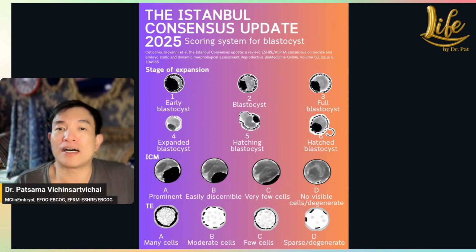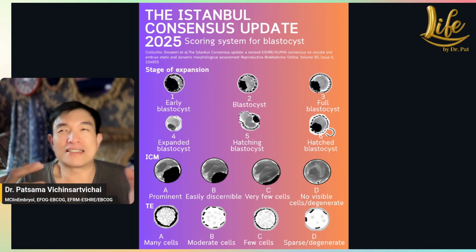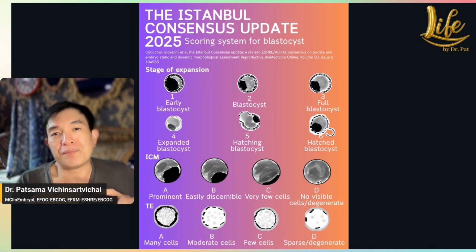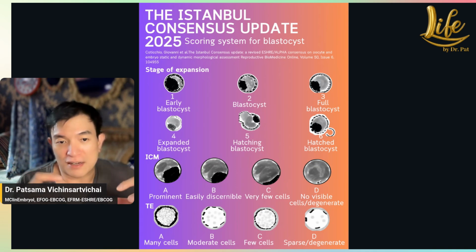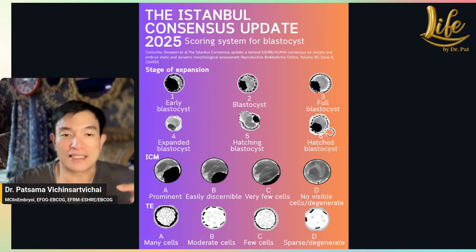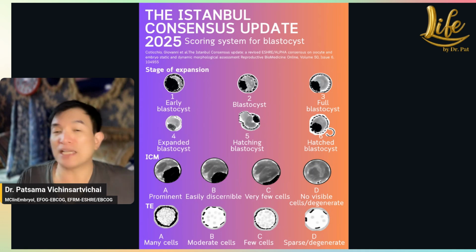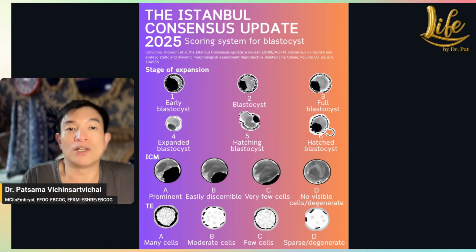Usually after this stage, the blastocyst will expand and shrink in cycles, usually lasting 1 to 2 hours. The aim of it is to break the shell, the zona pellucida, so it can hatch out of that shell and implant later. Grade 4 is expanded blastocyst. What does it mean by expanded? Look at the shell.